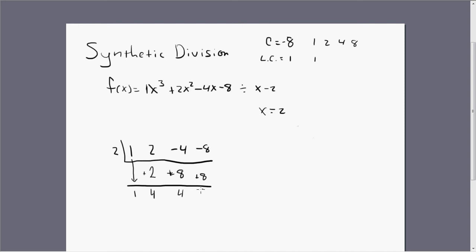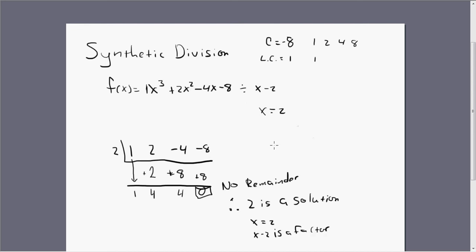Negative 8 plus 8 is 0, which means I have no remainder, and therefore 2 is a solution. And that also means that x minus 2 is a factor.